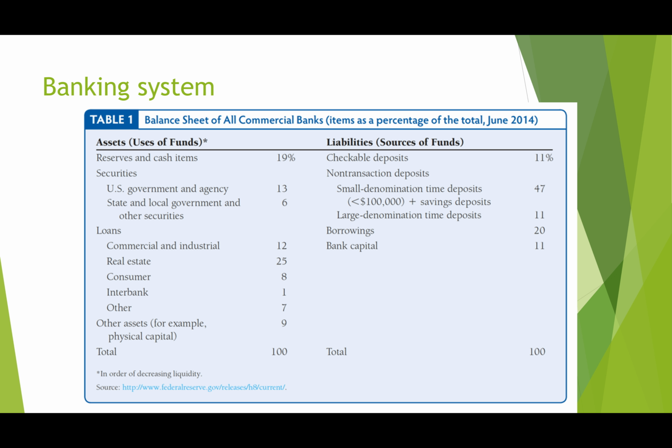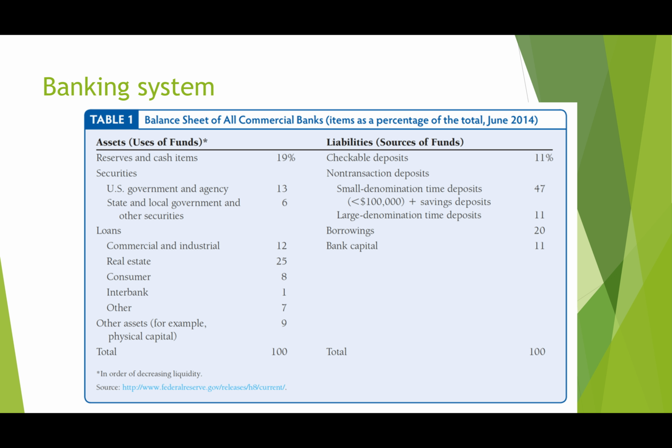Lastly, bank capital. So how do we know what the value is of bank capital? What's the value of all the shares added up? Well, we can look at the share price on the stock market at that particular date. Probably easier is just to take the total of the assets minus all the liabilities so far, because what's left over is called net worth.